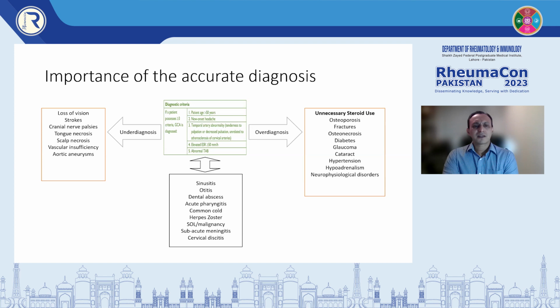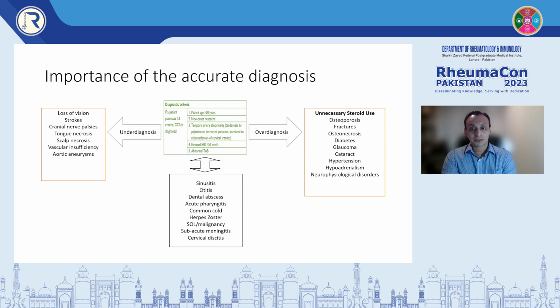So if we do not make a correct diagnosis and treat patients appropriately right in the first few days of referral, we will end up either with the complications of giant cell arteritis or complications of steroids unnecessarily in a big proportion of patients.